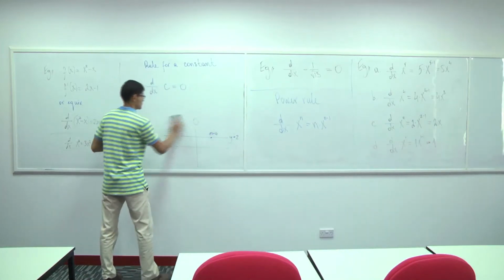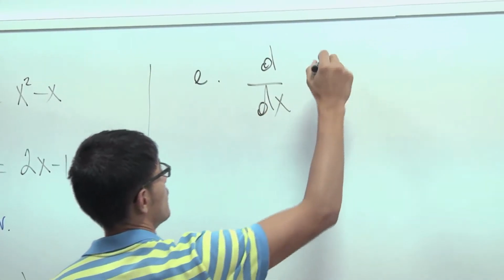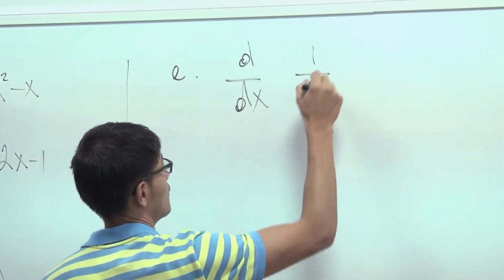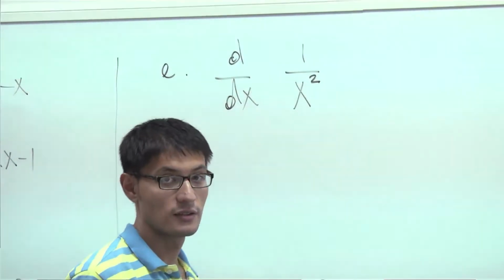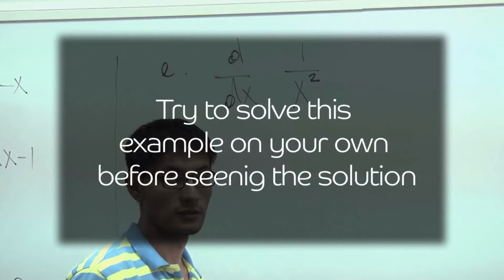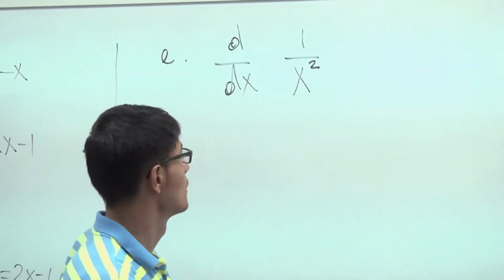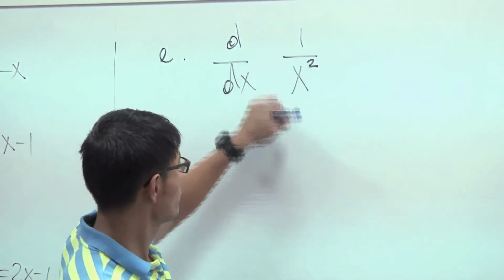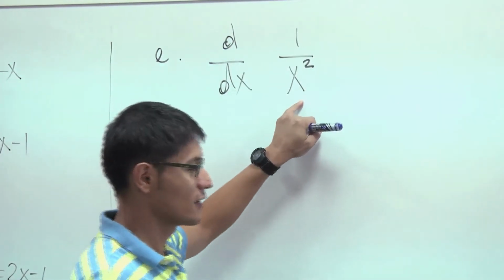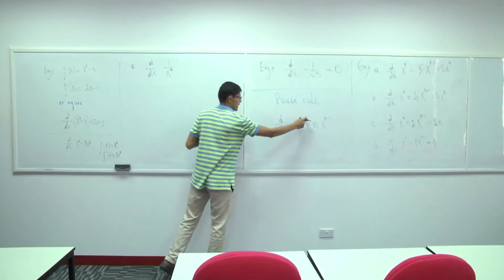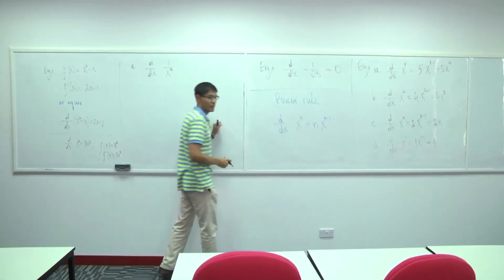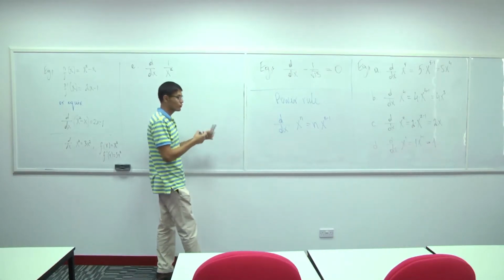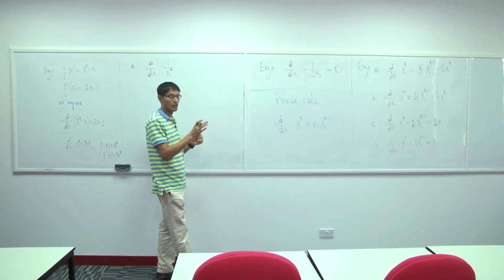Let's find the derivative of 1 over x squared. Well, notice that 1 over x squared does not look like x to the n. So we can't use the power rule directly.